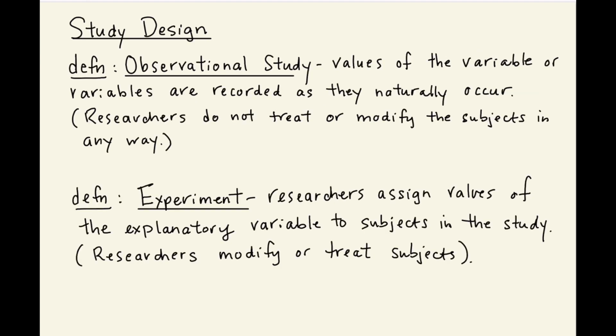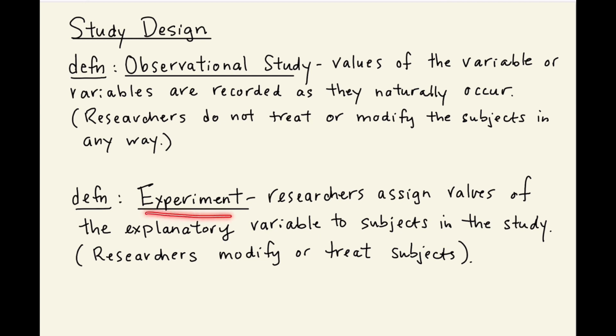And to give you a more formal definition, in an observational study, the values of the variable or variables are recorded as they naturally occur. So the researchers do not treat or modify the subjects in any way. So for example, when we just survey the subjects and ask them which medicine, brand A or brand B, or neither, did you take?